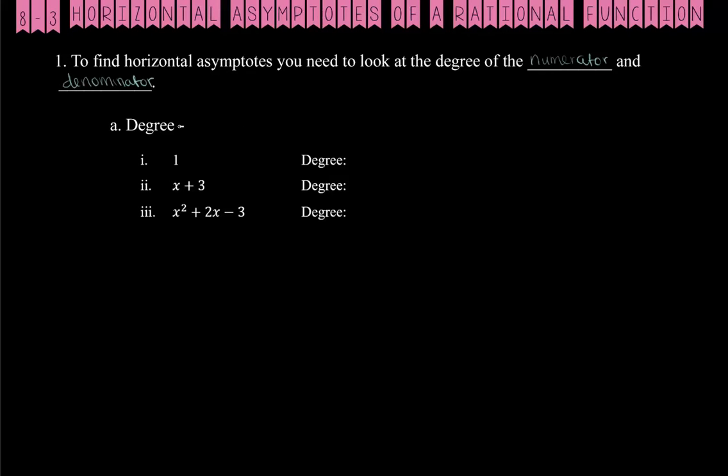If you remember right from last semester, when we say degree, we're talking about the largest exponent of a polynomial. So when we're looking at horizontal asymptotes, we're just comparing the degree of the polynomial in the numerator of our fraction with the degree of the polynomial in the denominator.